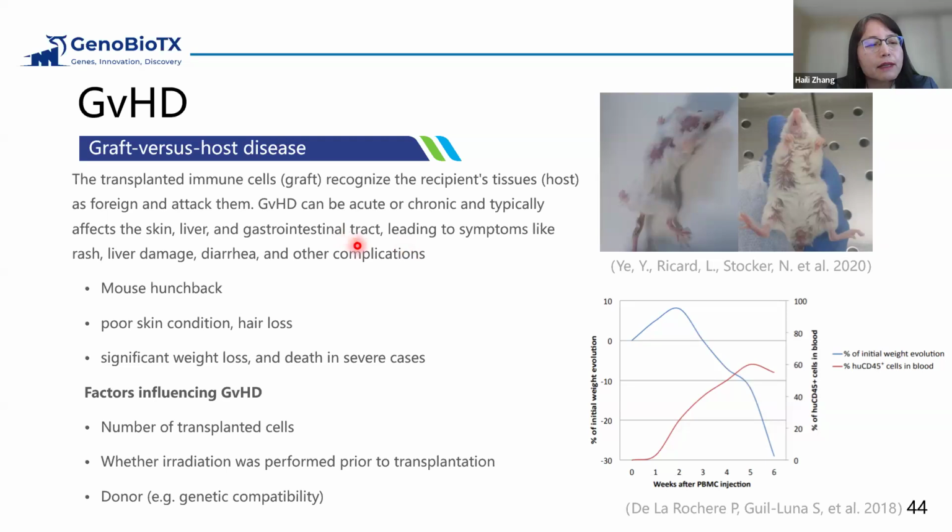In mice, this disease can cause poor skin condition, significant weight loss, and even death. Here are some key factors that could affect the severity and outcome of this disease, for example, the number of transplanted cells and whether irradiation was performed prior to transplantation.